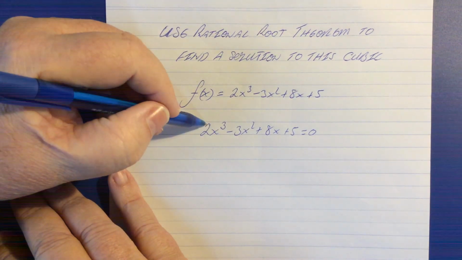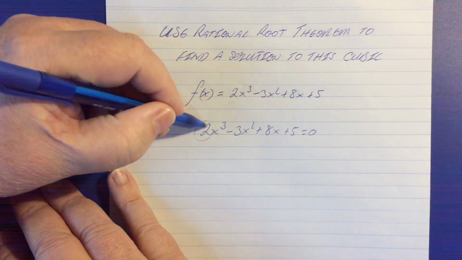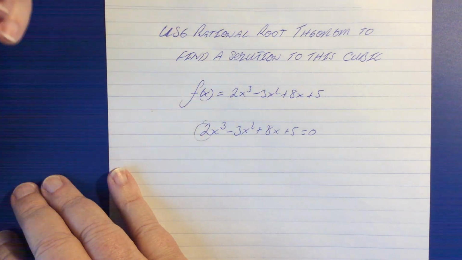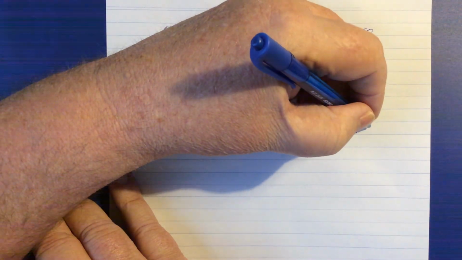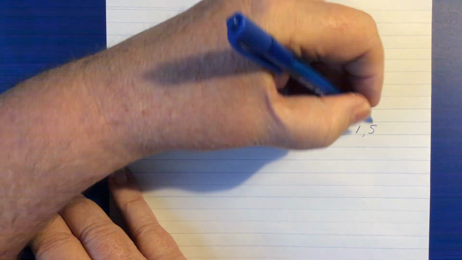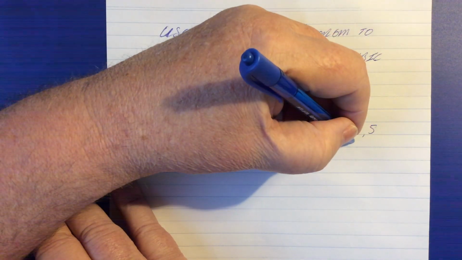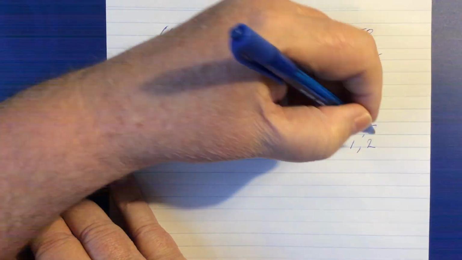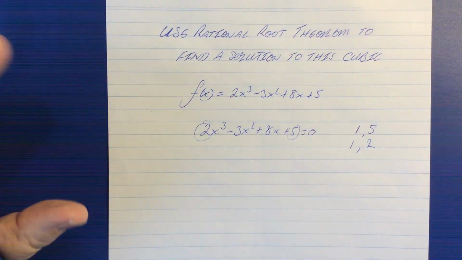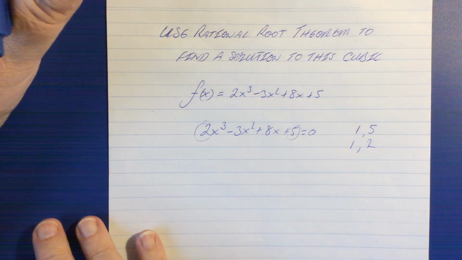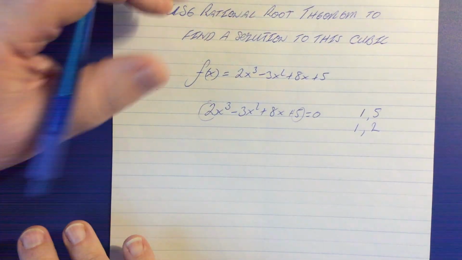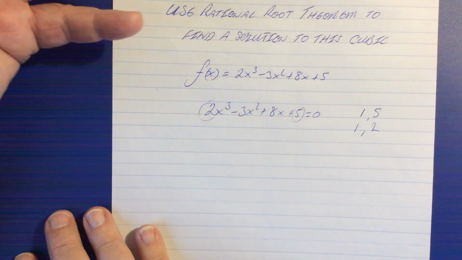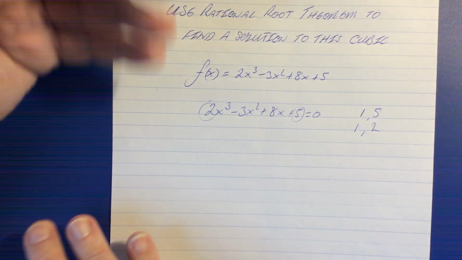Okay, so what we do is take note of this coefficient here and this number here, the constant, and we factorize them. If we take the factors of 5, we get 1 and 5. If we take the factors of 2, we get 1 and 2. Then we combine them in as many permutations as we can, including the negatives.